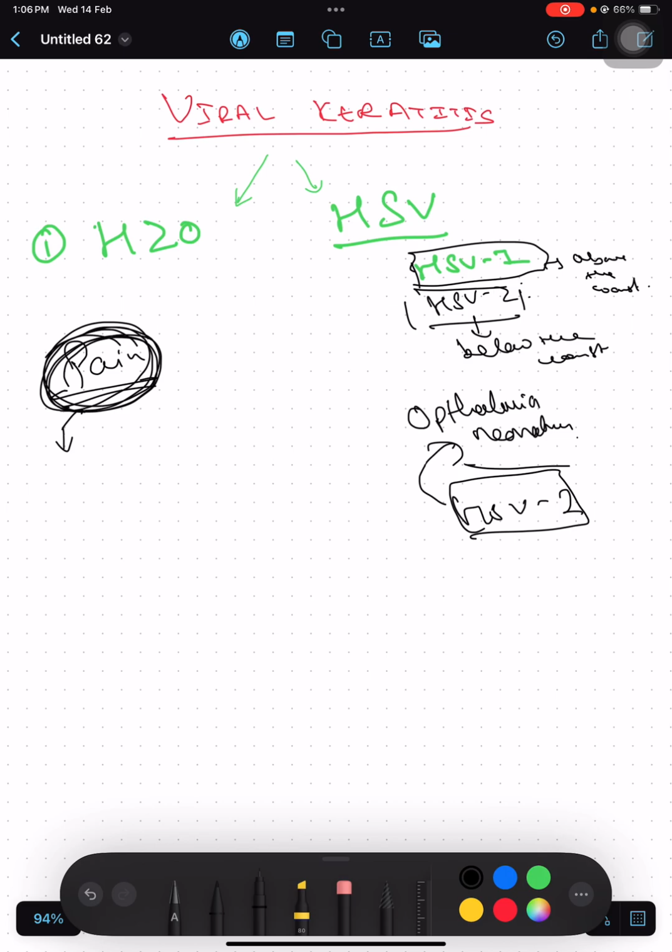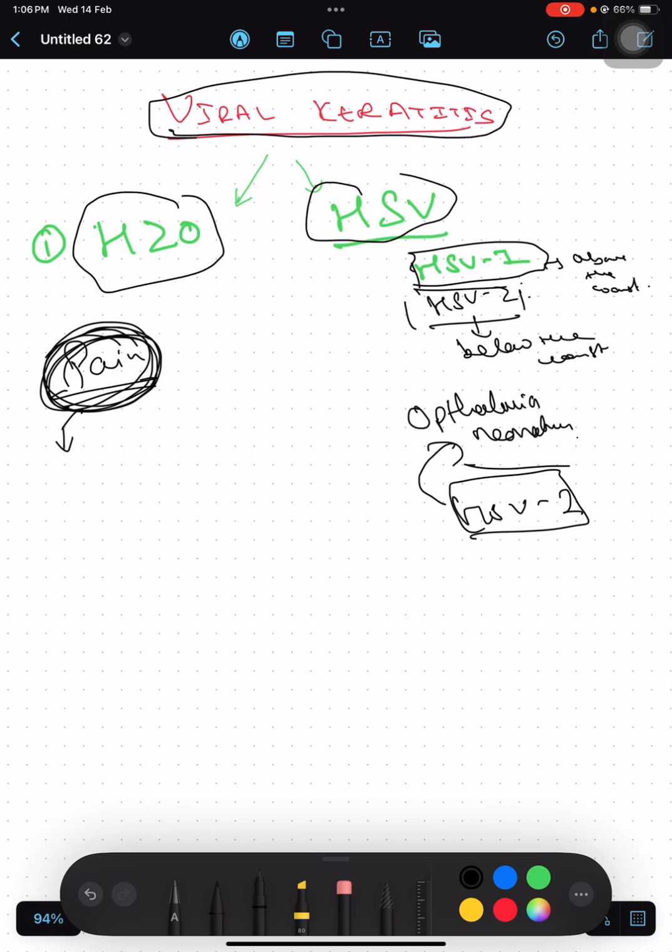You might be thinking these viruses tend to go to the nerves, and these nerves are desensitized. We have studied that. So pain may or may not be there, but it doesn't become the most important feature that we see.